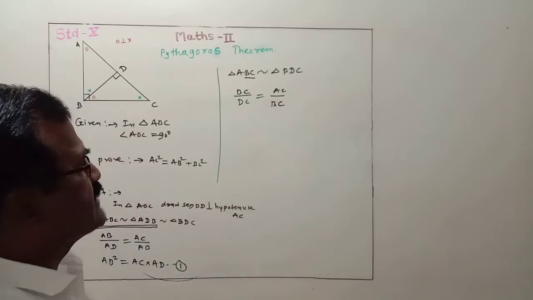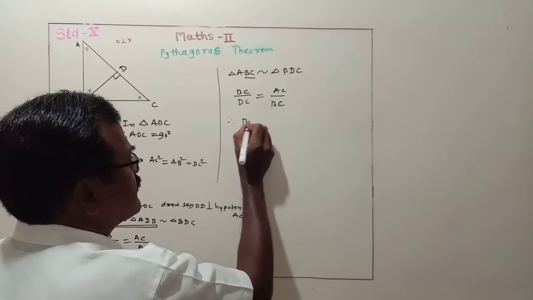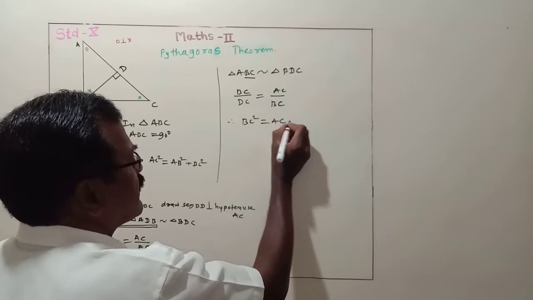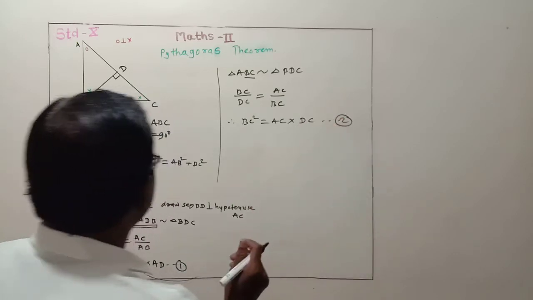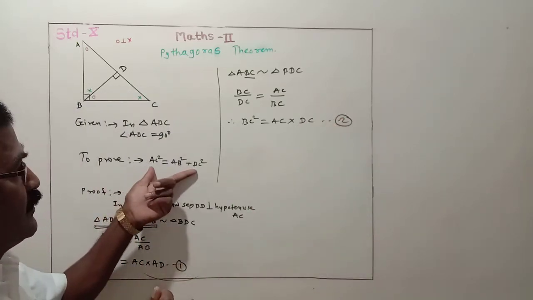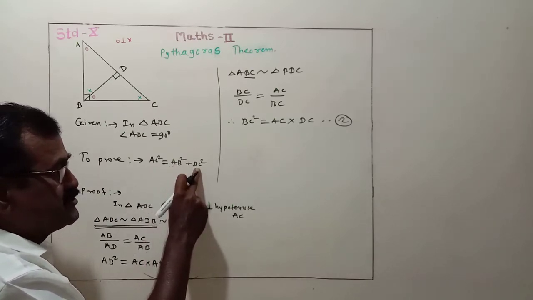These are corresponding sides. If we take cross multiplication, BC square is equal to AC into DC. This is second. This is to prove AB square and BC square.